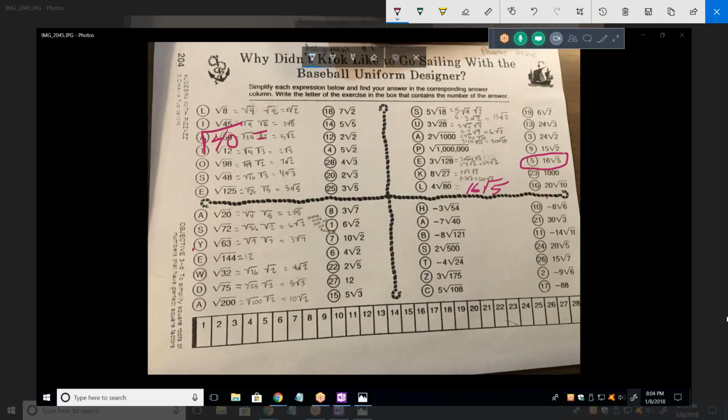Ah, there you go. 4 is the perfect square, so I put it there. What's that become? What's that equal to? What's the square root of 4? 2.